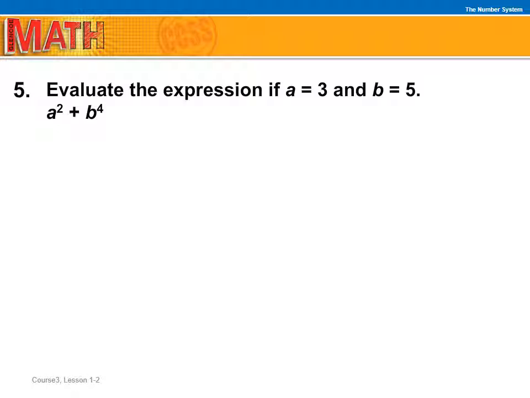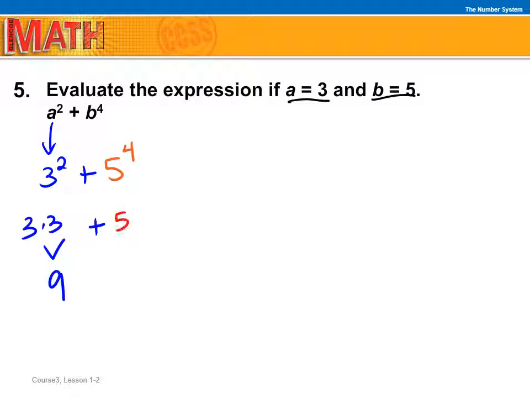For example number 5, we're going to evaluate the expression if A is equal to 3 and B is equal to 5. So what we're going to do is substitute A for 3. It's going to be 3 to the 2nd power, plus B is going to be replaced with the 5, that's to the 4th power. So let's work this out. 3 times 3, that we know is 9, plus 5 to the 4th power, or 5 times 5 times 5 times 5.